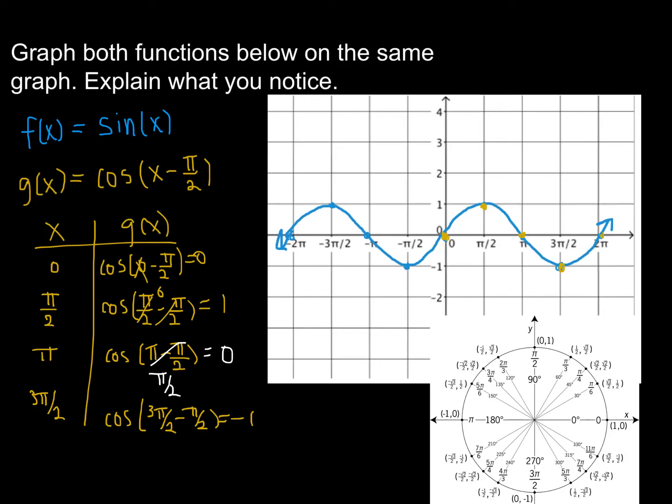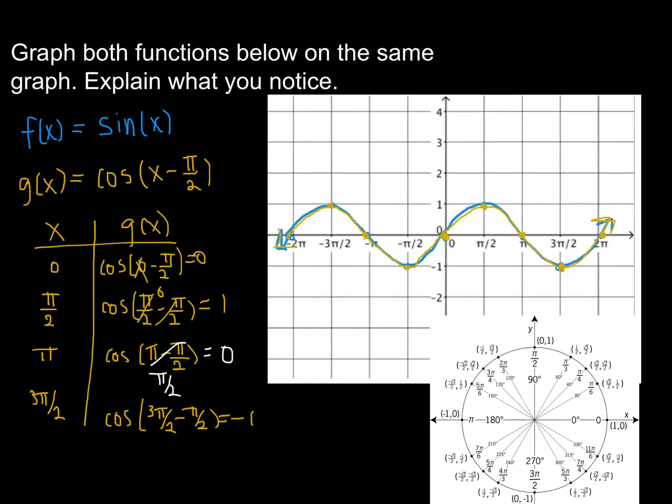And if I continue, it turns out that I'd have the exact same graph as sine of x, which is really interesting, because remember, when we graphed sine of x and cosine of x, we saw that they weren't quite matched up.